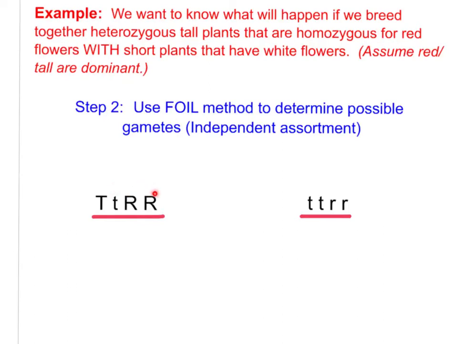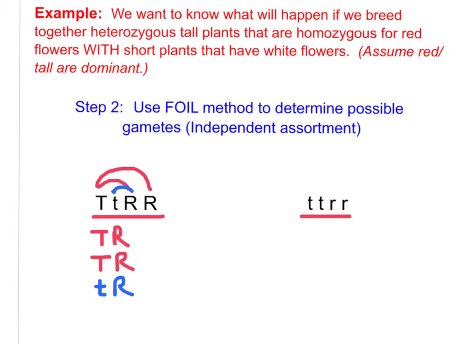And that's how you can combine them. So if we take the first possible combination, we could have one dominant allele for the height and a dominant allele for the color. And now if we go outside, we have capital T, capital r. And then if we go inside, we have T r.